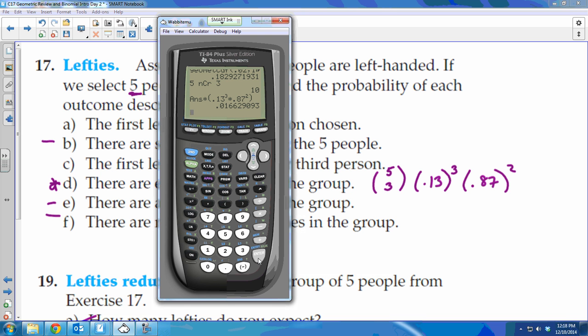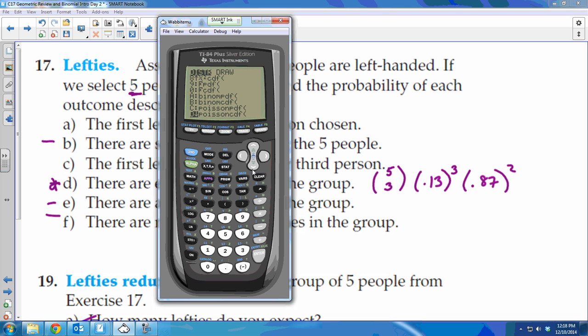Now, you don't have the sheet in front of you because I don't have too much time to talk about it today. But you know how we were just in the distribution menu with geometric PDF and geometric CDF? Well, it's in the very middle, so you can scroll up or down. There's a binomial PDF and CDF. If we're doing exactly 3 out of a group of 5, do you think I'm going to do PDF or CDF?